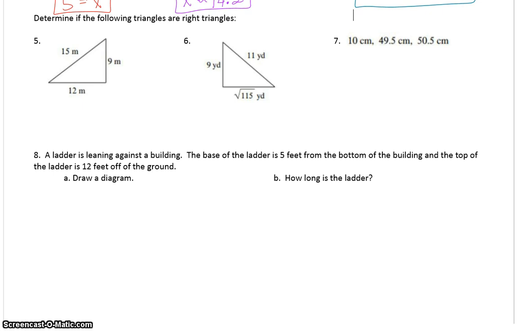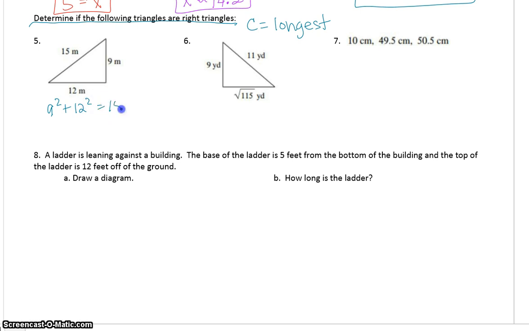Okay, let's look at 5, 6, and 7. Now we are given all three sides in these triangles, but it says determine if the following triangles are right triangles. Now remember, the Pythagorean theorem only works for right triangles, so we're going to test to see if it's correct. Remember that the hypotenuse is the longest, so c has to be the longest side that you are given. So here we're going to have 9 squared plus 12 squared equals 15 squared.